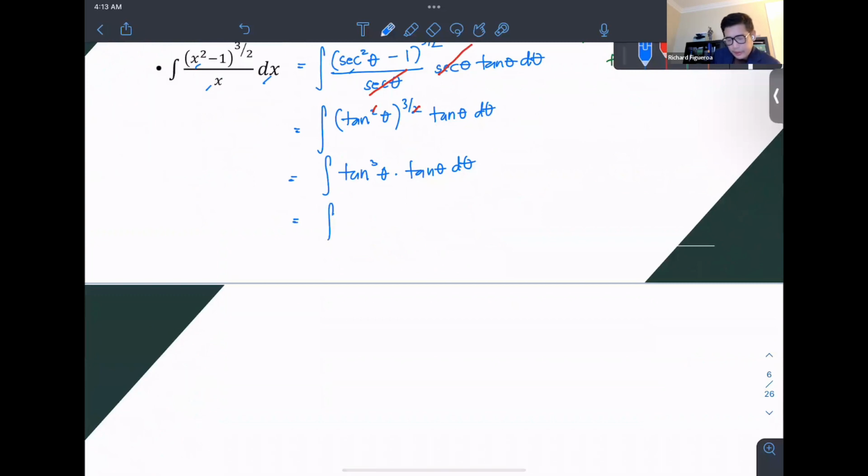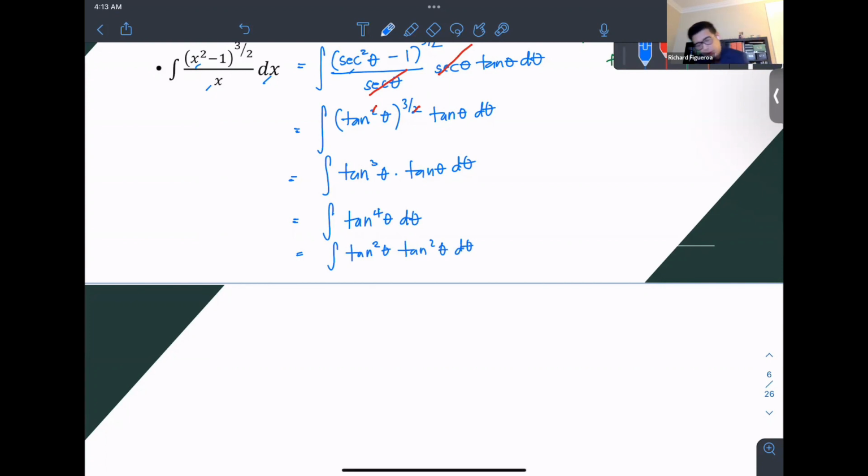We transform this as tangent to the 4th theta d theta. This one is case 4, since it involves a single tangent. So we transform it using trigo transformation as a product of two tangents, tangent squared theta times tangent squared theta d theta.